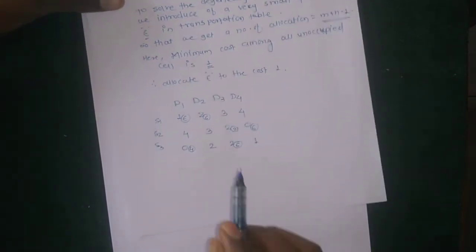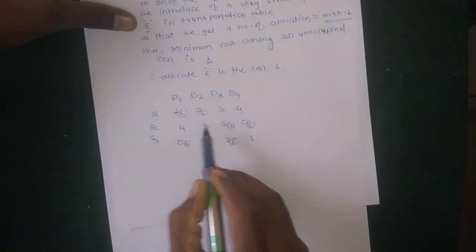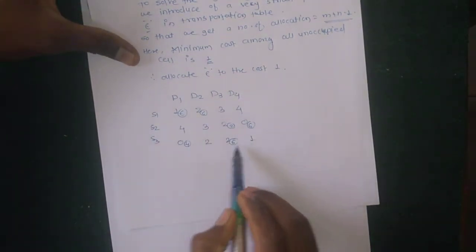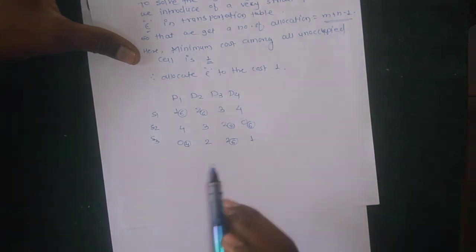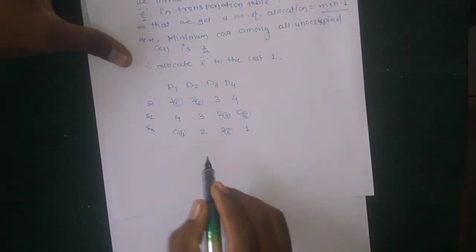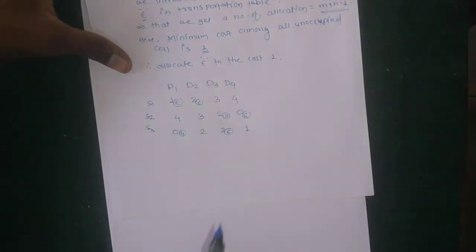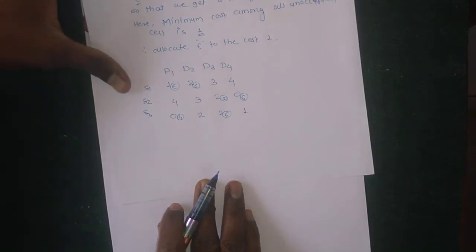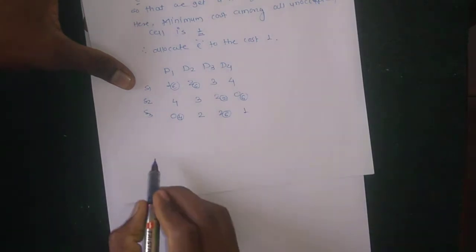After allocating, the number of allocations is 1 2 3 4 5 6, which is equal to m plus n minus 1. Therefore now we have to find ui and vj by using Cij equal to ui plus vj for occupied cells.